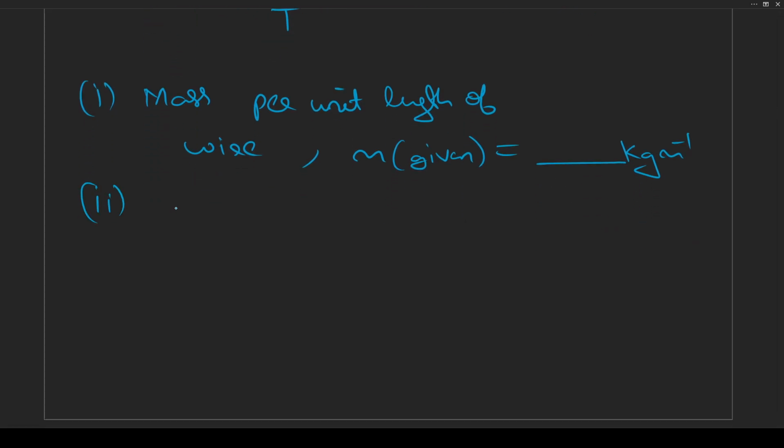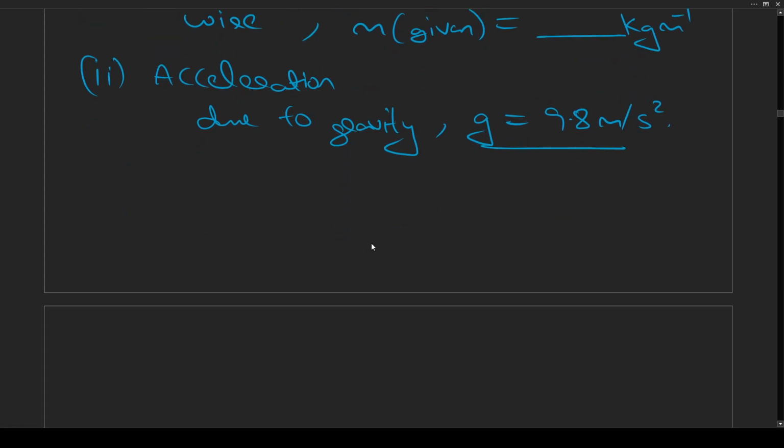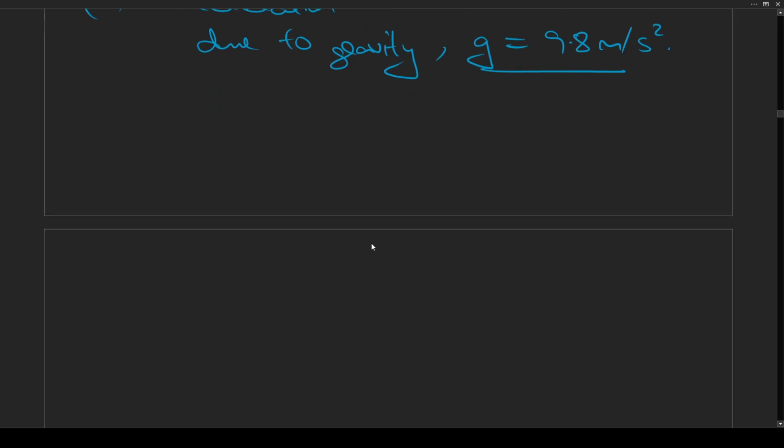Two, acceleration due to gravity, which is known. We take g equal to 9.8 meter per second square. That is the observation or things which are given for us. There is a tabular column for this. I will write it later.